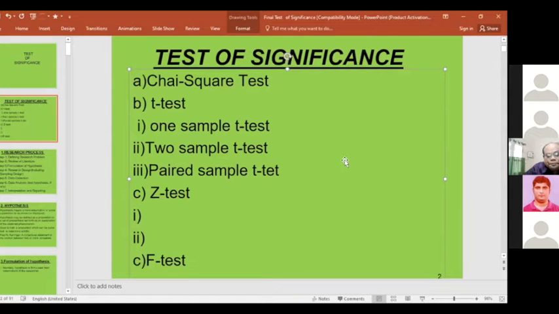But in the case of SPSS, if in the case of chi-square all the conditions are not being fulfilled, then you have to go for the Fisher exact test. In the case of the chi-square contingency table, if all the conditions are not being fulfilled, then you have to go for the likelihood test. So if these conditions are not fulfilled, then alternative methods are available in SPSS.